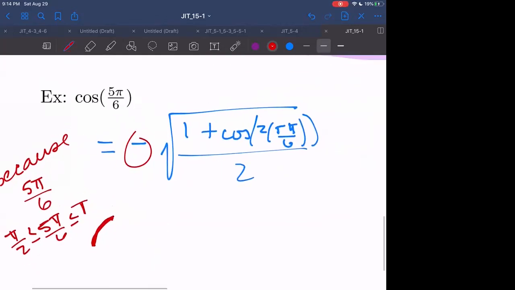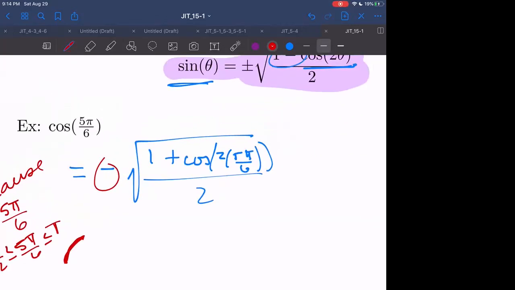Okay? Now, we take that and plug in our 5 pi over 6 for our theta in our half angle formula. And then we can do some simplification. We carry the negative square root down, and so we get 1 plus cosine of 5 pi over 3, which is just 1/2, over 2.